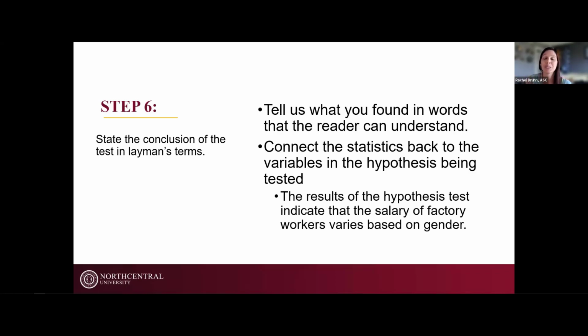In layman's terms, what that means is that there's evidence to suggest that there is a difference in height based on gender. And assuming my general understanding of how height works, it probably shows that males are significantly taller than females. And I would know that because I could look at the means for each group.